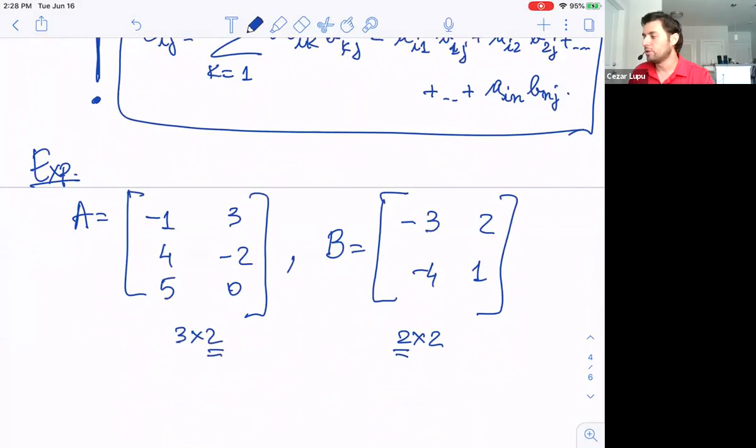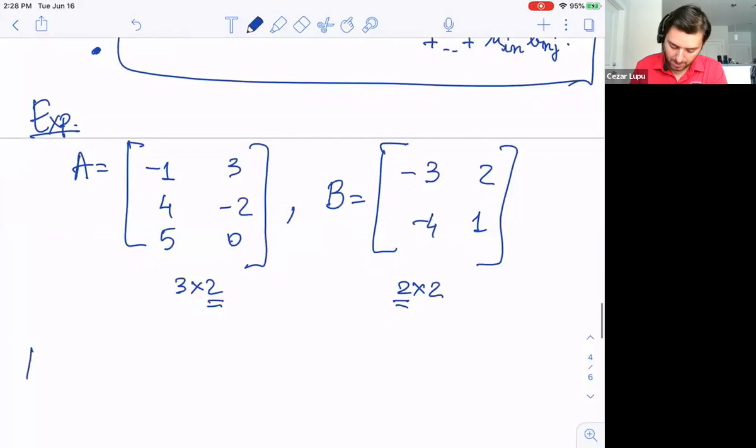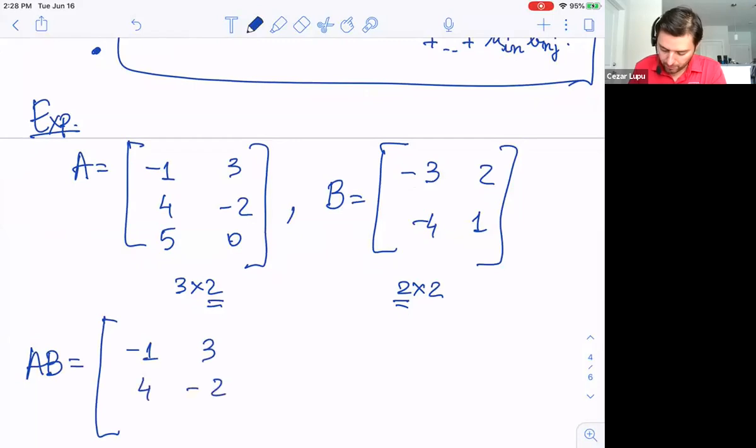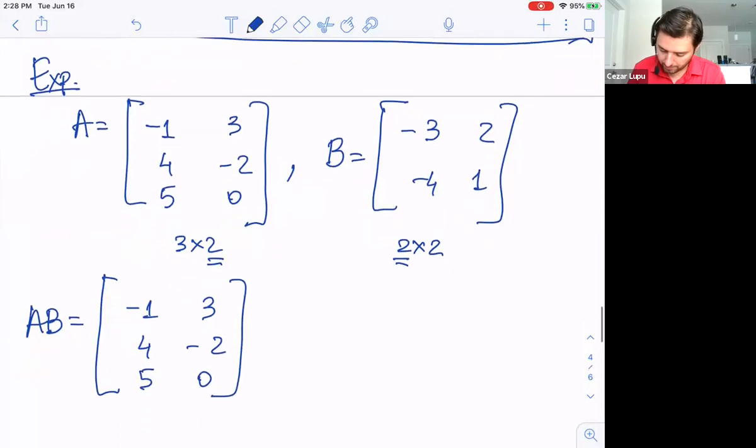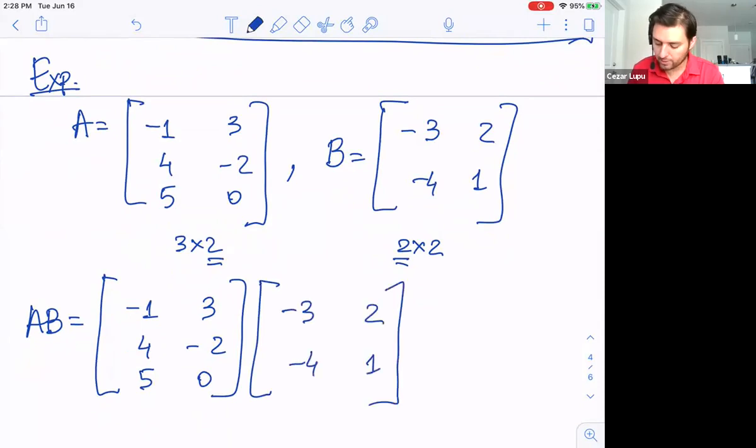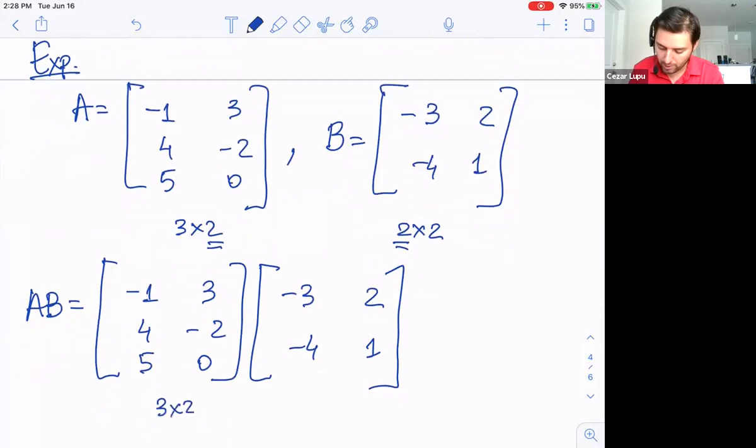All right, so let's do this. So AB will be equal to -1, 3, 4, -2, 5, 0 times -3, 2, -4, 1. And now I'm going to ask you: the first is 3 by 2, and the second is 2 by 2. The result will be what kind of matrix?